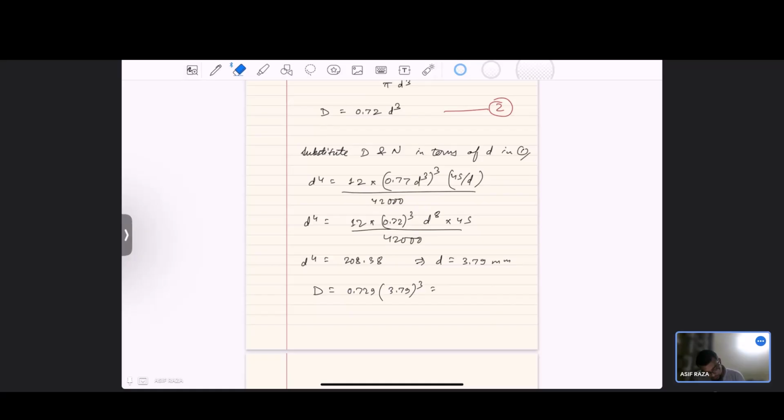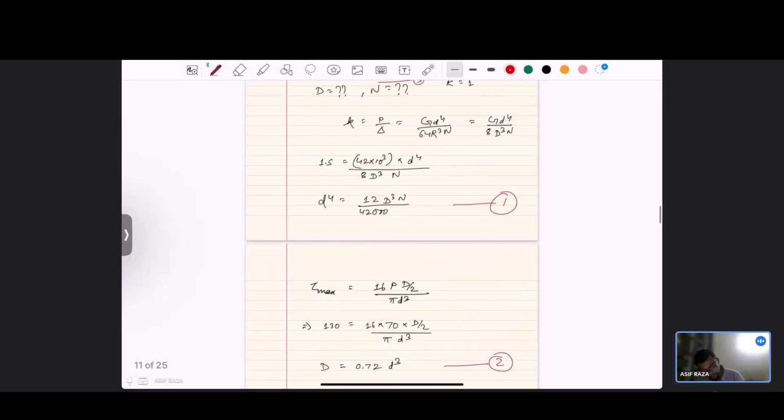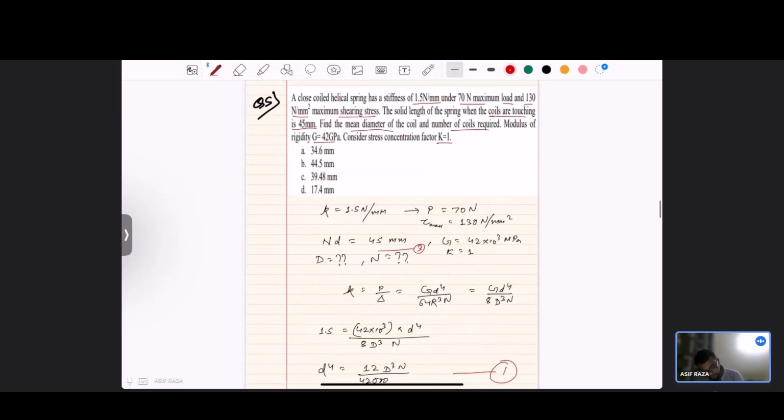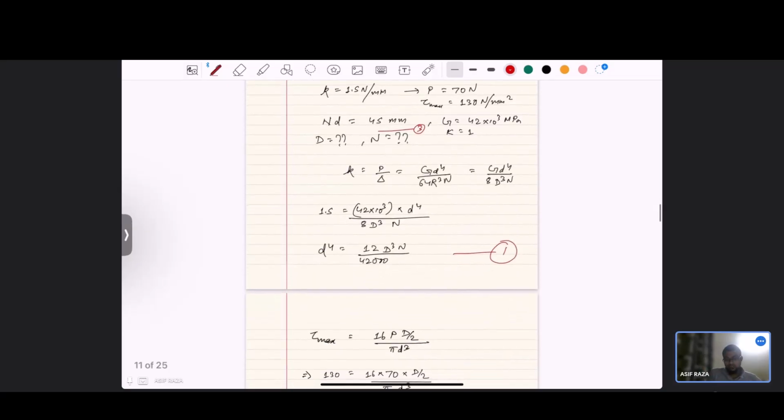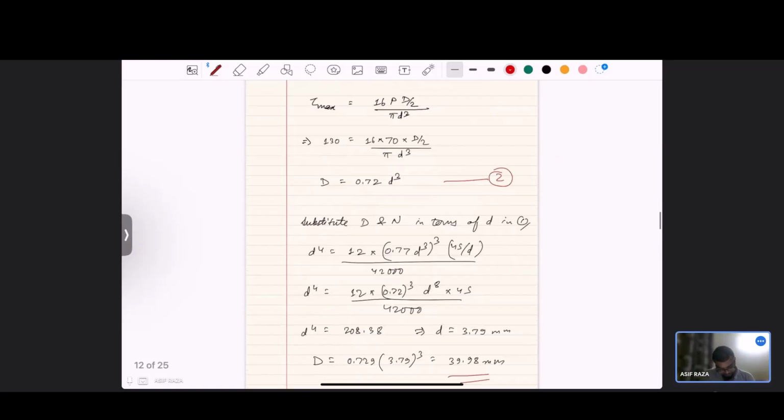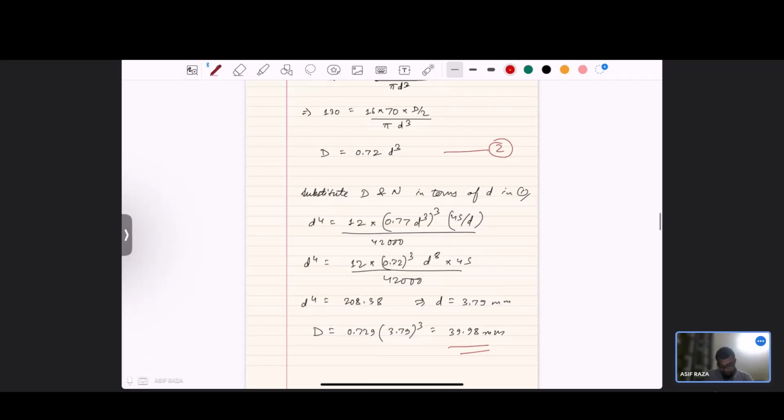So consequently it will come 39.98. So it is roughly around there. Okay, because of the round-off error and all.